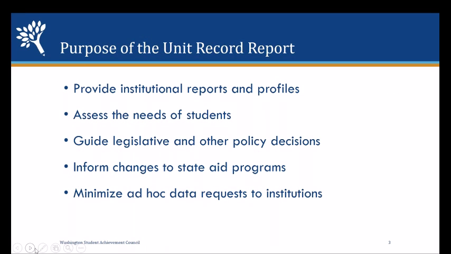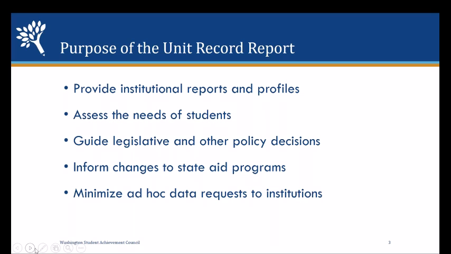The purpose of the unit record report is to provide institutional reports and profiles, and basically we are doing comparisons across the state. We do this to assess the need of students, and it also provides us with guidance for legislative and other policy decisions. It helps us inform changes to state aid programs through proposed modeling.